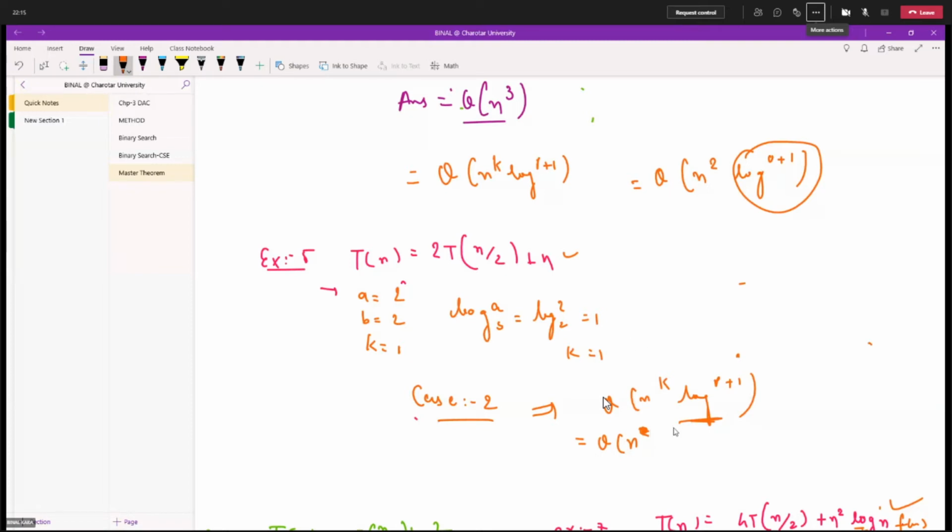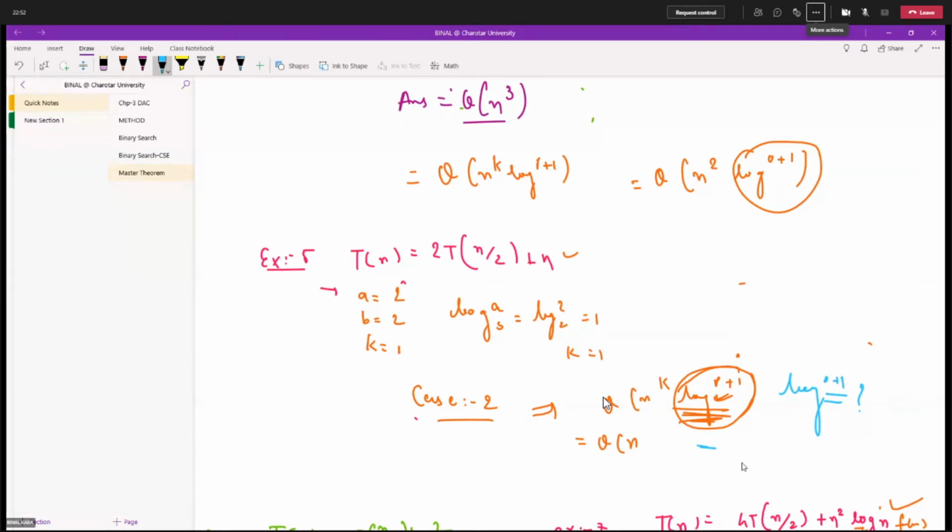Whatever K value we have, we put it as the power of n. If I'm putting log 0 plus 1, I want an answer for this. Log 1 will be 0.